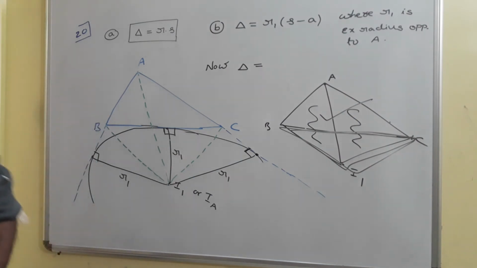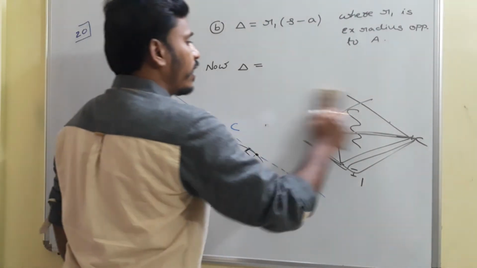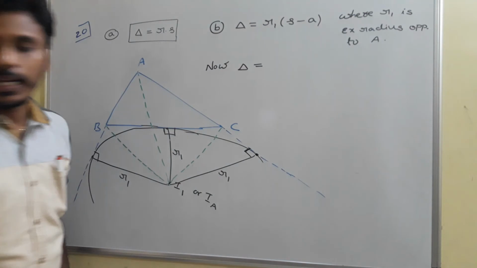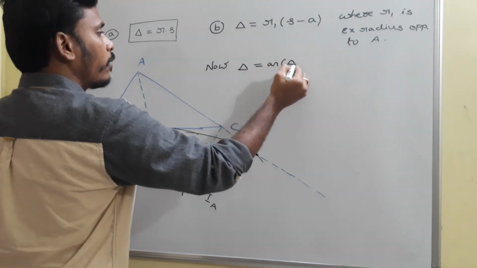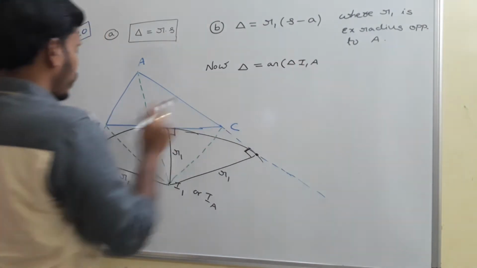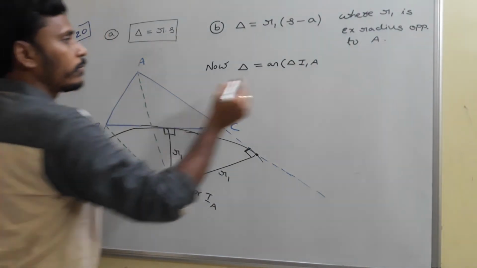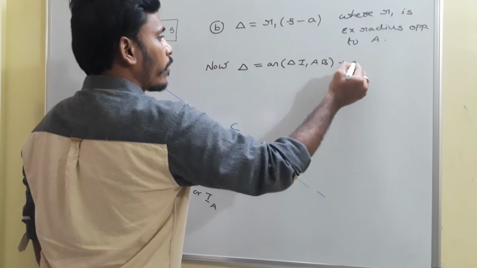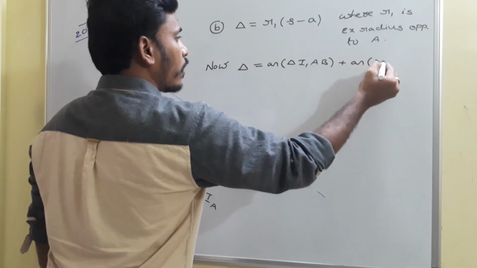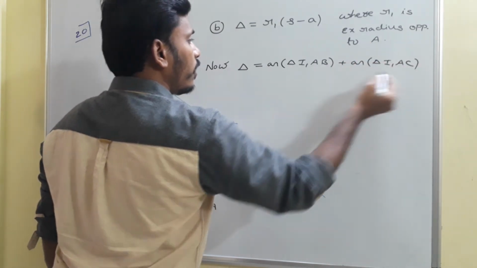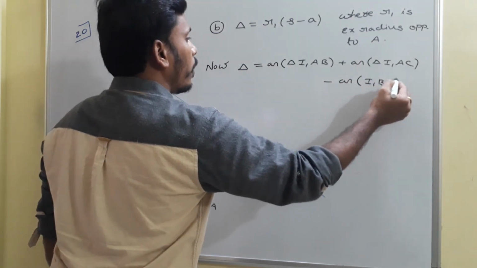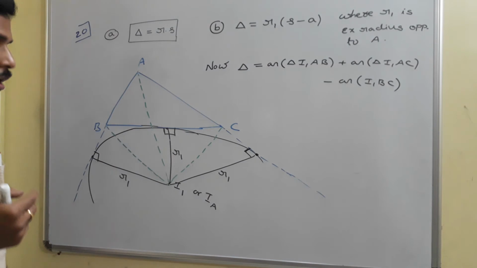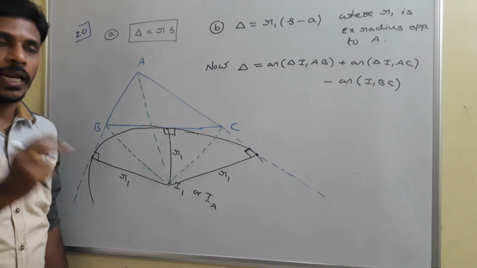With that idea, I can write the area of the triangle delta as: area of triangle I1AB plus area of triangle I1AC minus area of triangle I1BC. You need to think with me, okay? You need to observe the diagram, you need to analyze.